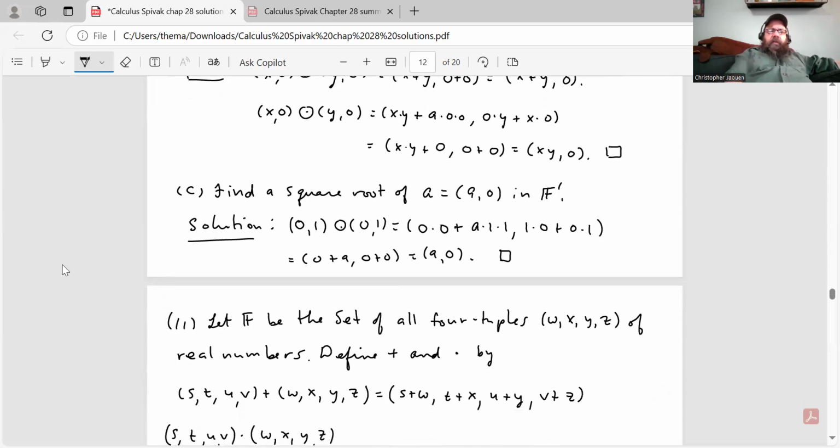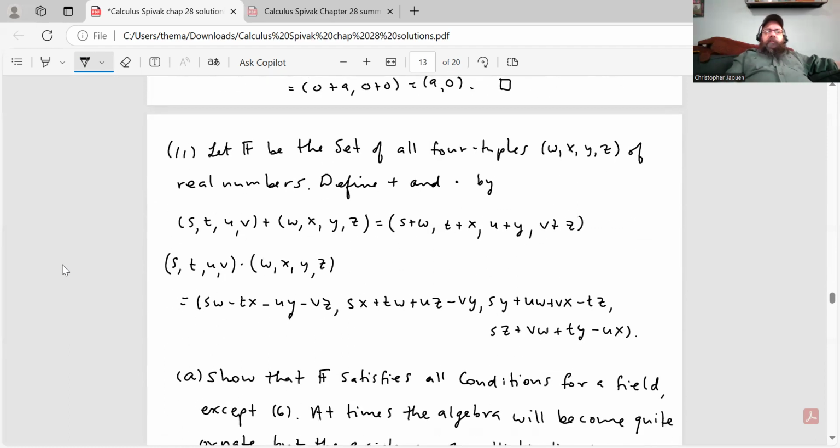And then finally, part C, find a square root of A equals (A, 0) in F prime. You'll find that the solution that works is (0, 1), just like it works for the square root of -1 when you construct the complex numbers. So here I'm just demonstrating that. So (0, 1) is the square root of (A, 0) in that field.